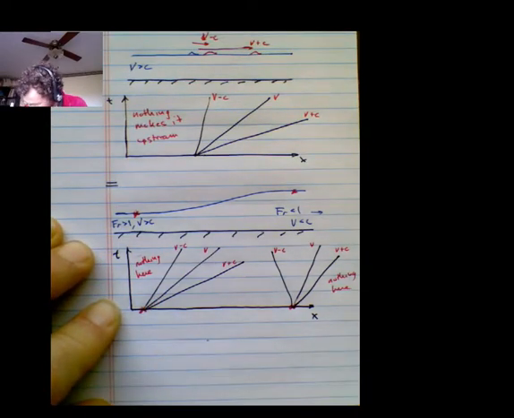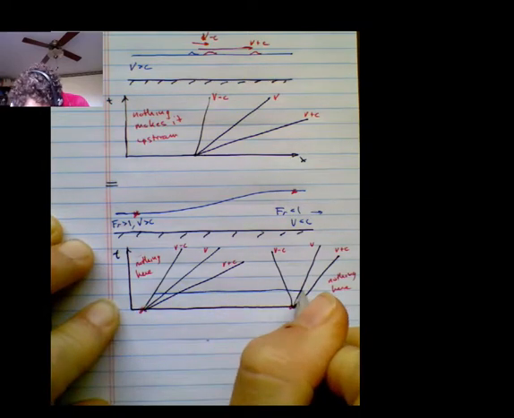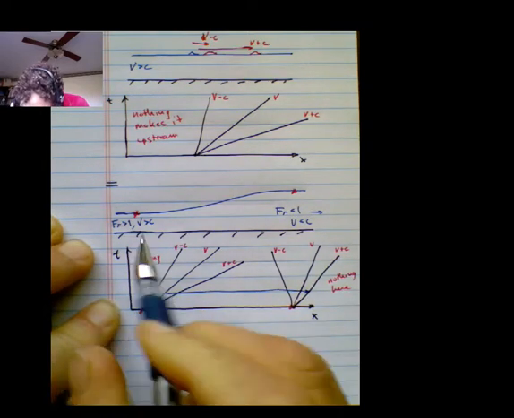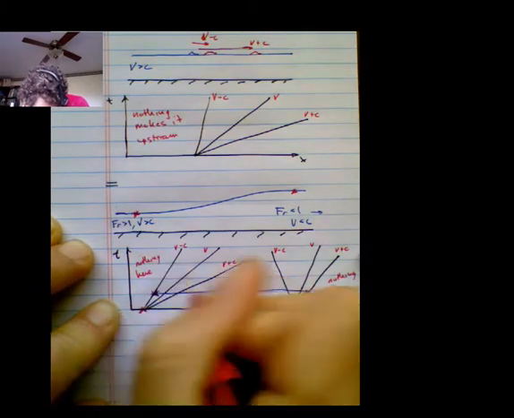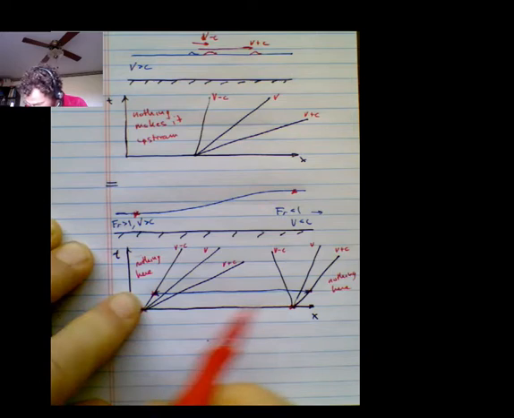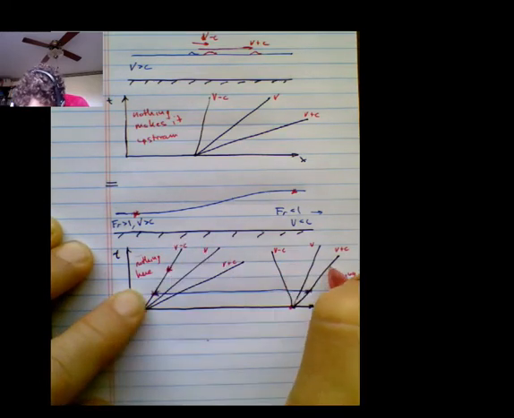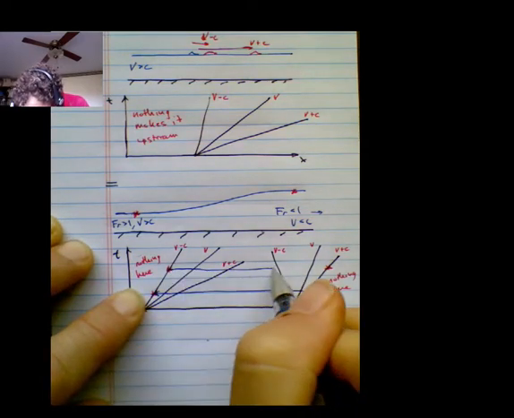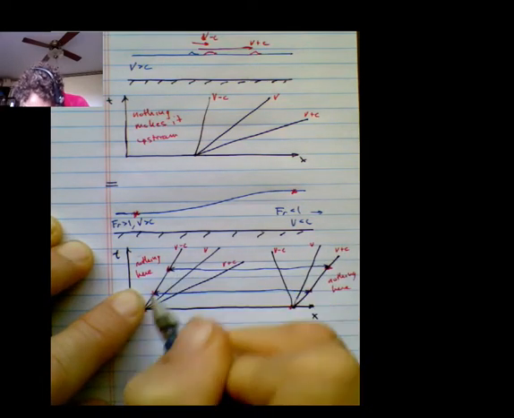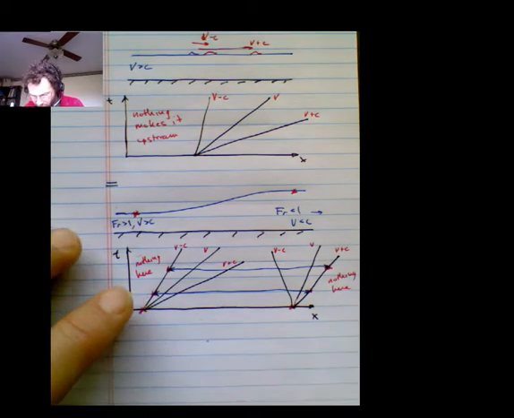Let me use blue. I want to focus on the maximum distance between the start and the stop of the wave. So after some time, this is steeper than that, so it gets shorter. And then those points are like this. No matter what's going on in the wave, it gets shorter and shorter.